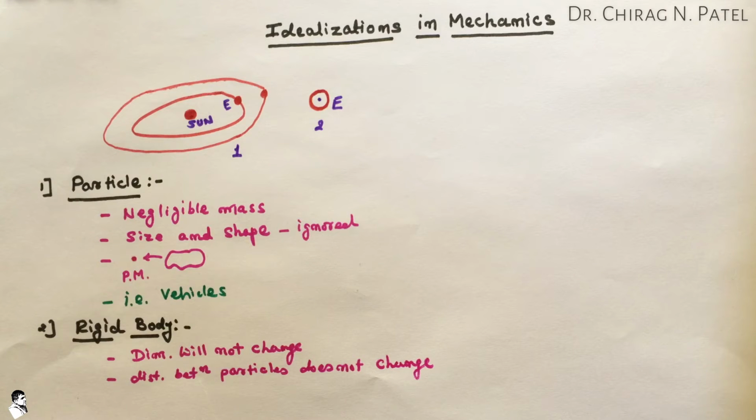So after the application of forces or action on a body, there will be no distortion, no change in the dimension, shape, or size, and no distance decrement or increment between the particles. That type of body we consider as a rigid body.